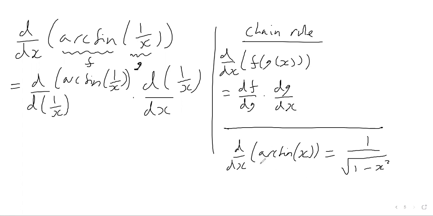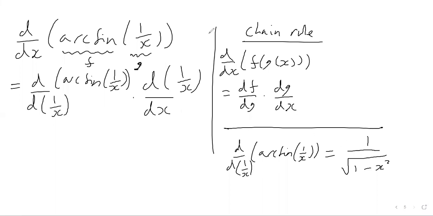But we don't want to differentiate it with respect to x; we want to differentiate it as a function of 1 over x with respect to 1 over x. We can just swap the variables here, so 1 over x inside there, and a 1 over x inside there.